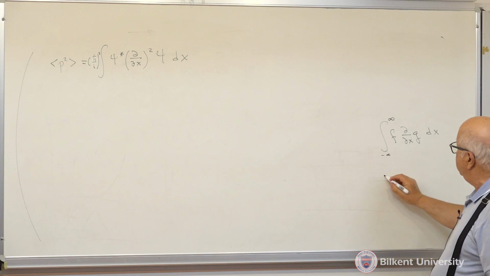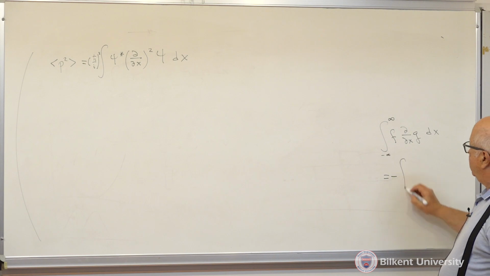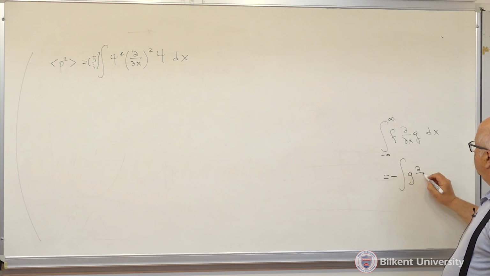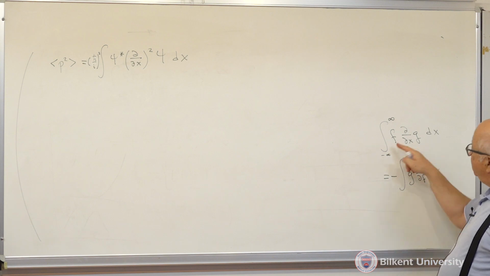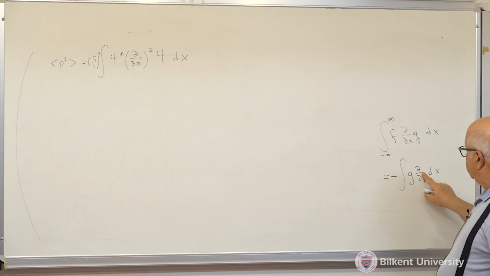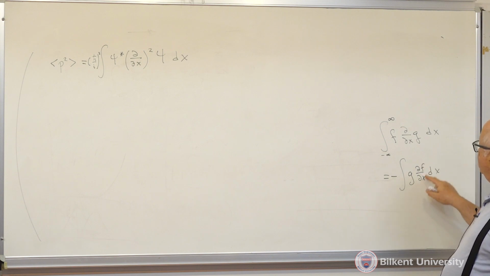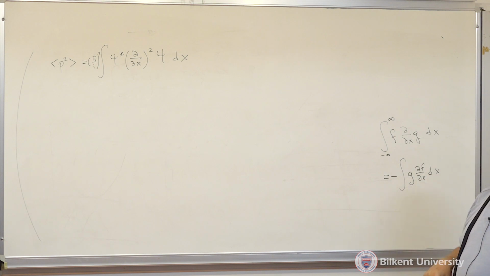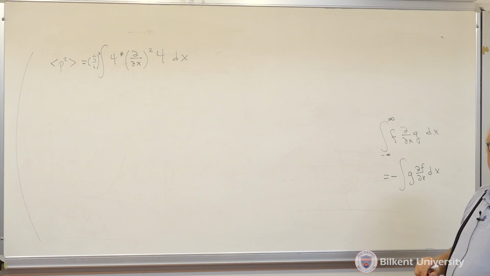So if you do an integration by parts, what do you get? You get a minus, g del f dx. So the derivative goes from g to f, and you get a minus sign.